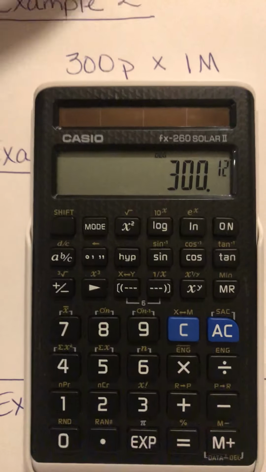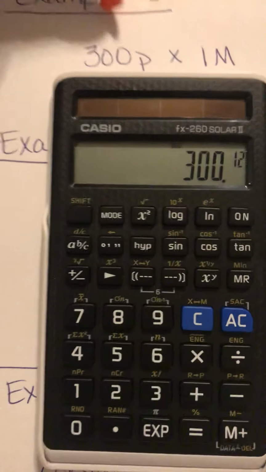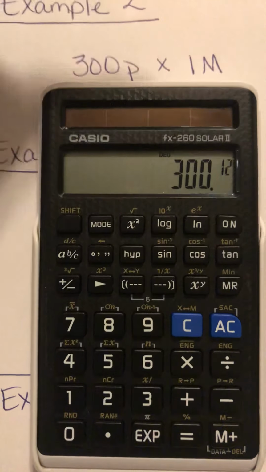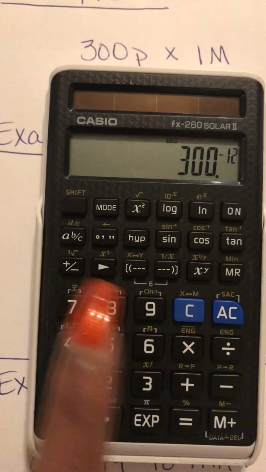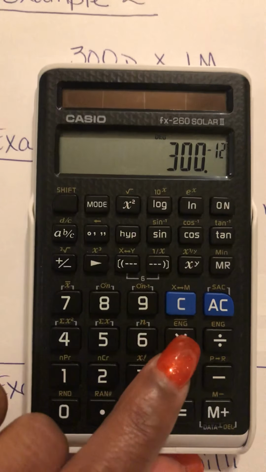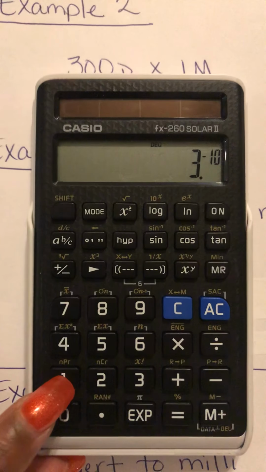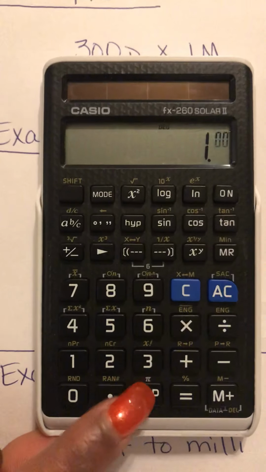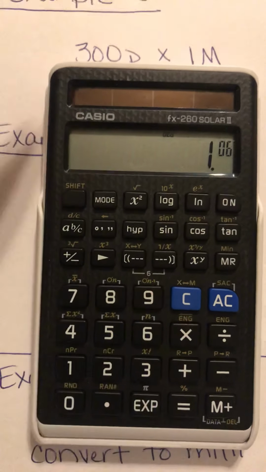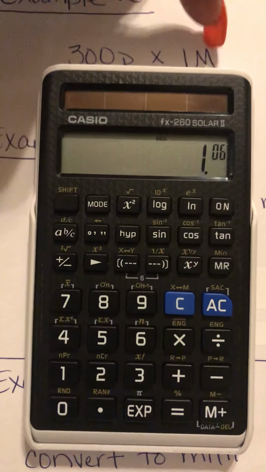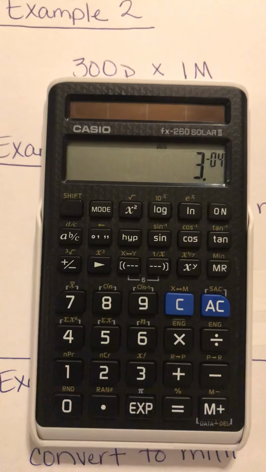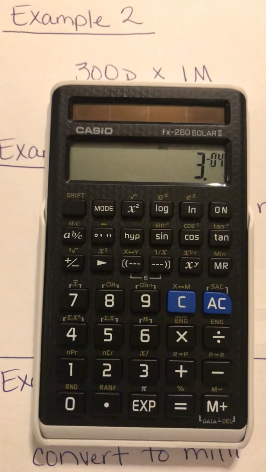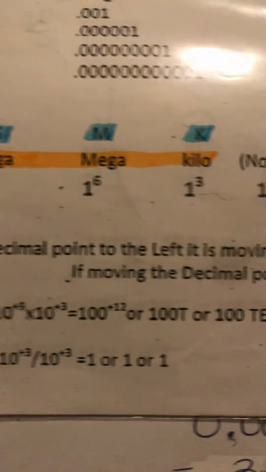In this case, we want 300 pico, so we want that to be a -12, so I'm going to hit the negative. And now we're going to multiply that times 1 exp 6, because mega is 6, and we're going to press equal. It gives us 3 with the exponent of -4. Now, as I explained, we want our exponents to be multiples of 3.